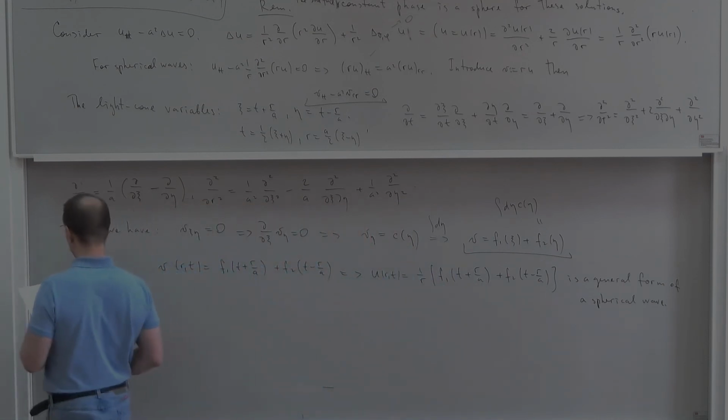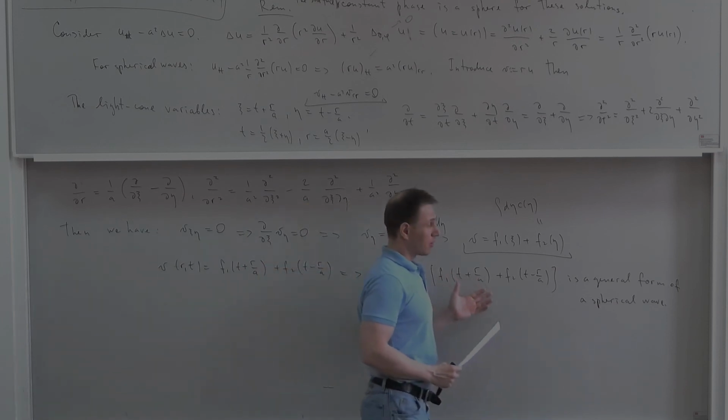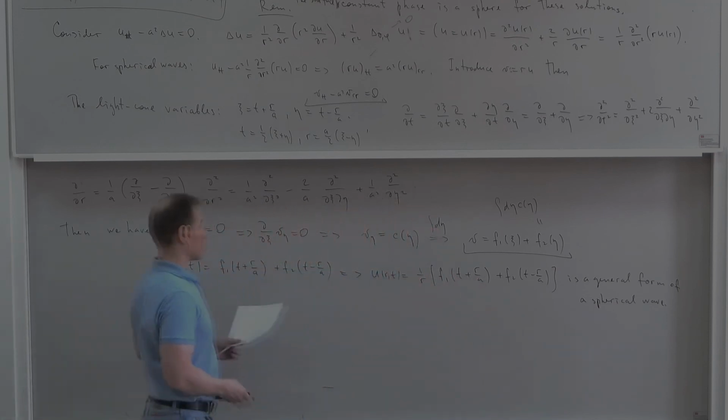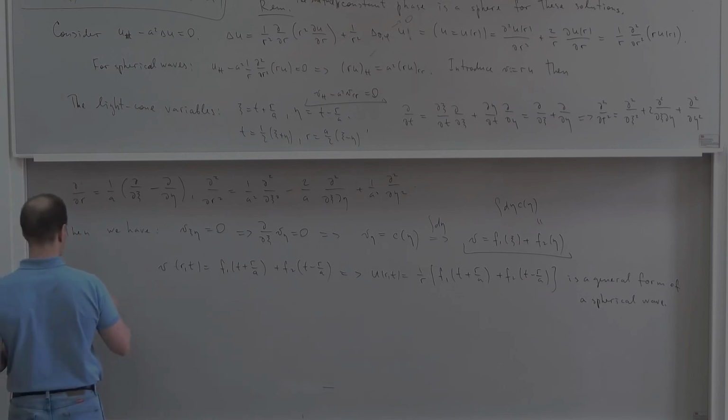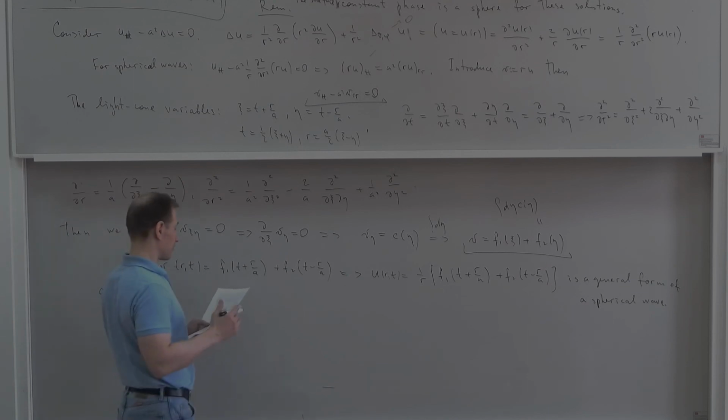We see that the parameter a can be interpreted as the velocity of propagation of perturbation of a spherical wave.